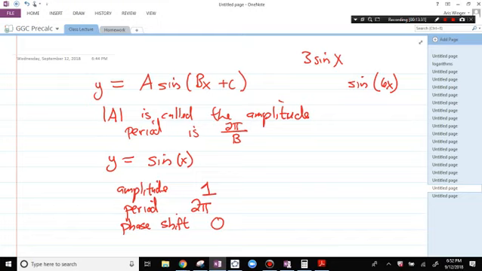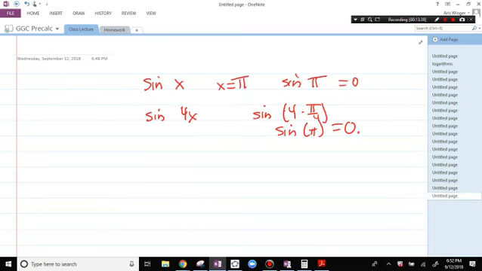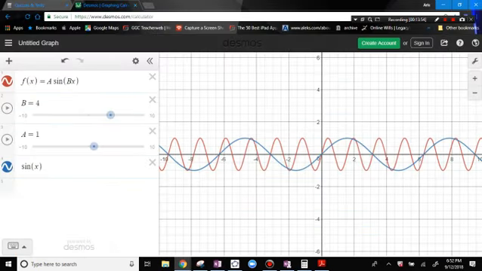Let's see if that's true. So when b is 4, we had the sine of 4x. We think this should repeat. B is 4, so the period is going to be 2 pi over 4. This graph should repeat every pi over 2 units. Let's see if that's true.